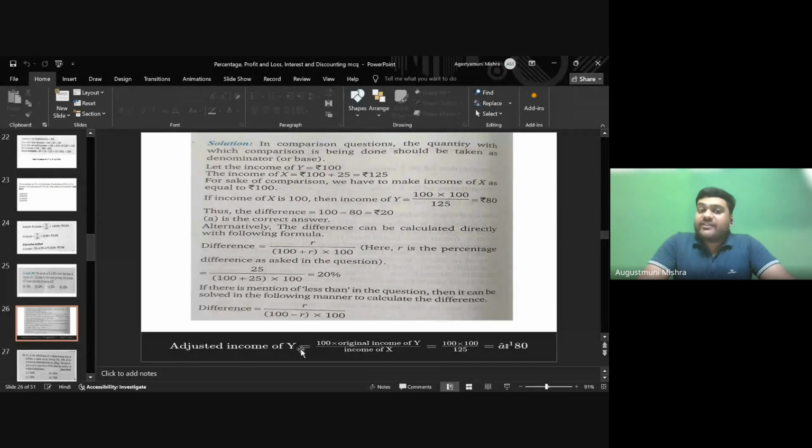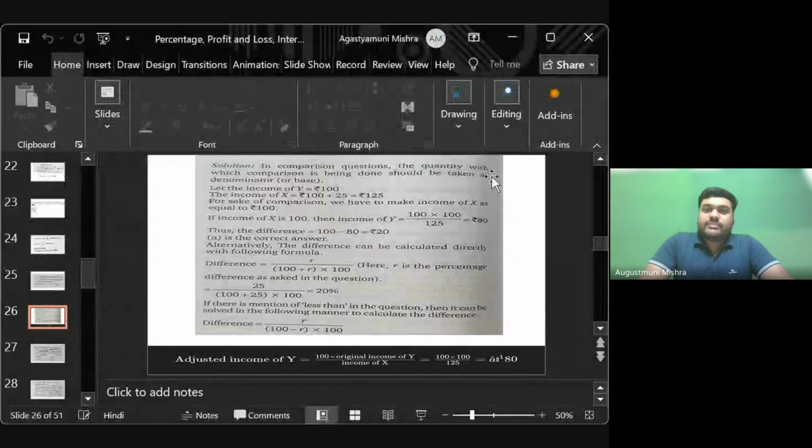Okay, I have mentioned one formula, Mehak ma'am, you can just see the formula I have mentioned, because that time when I was solving it. So this is the formula: adjusted income of Y is 100 into original income of Y. So you will do this, then you will get the answer. You just have to put this formula in the case of this kind of question.